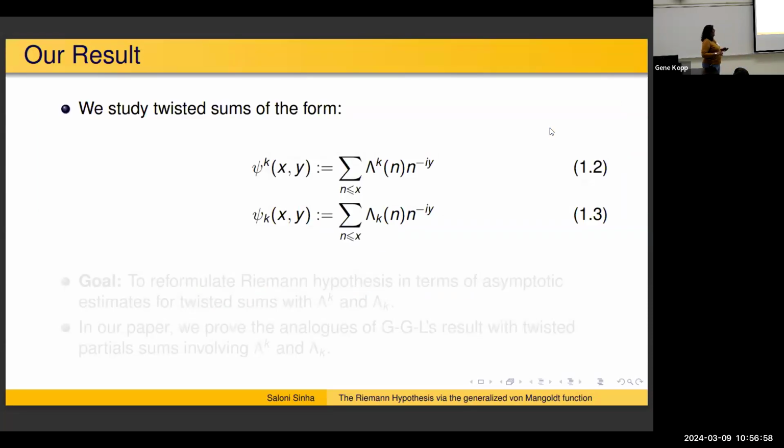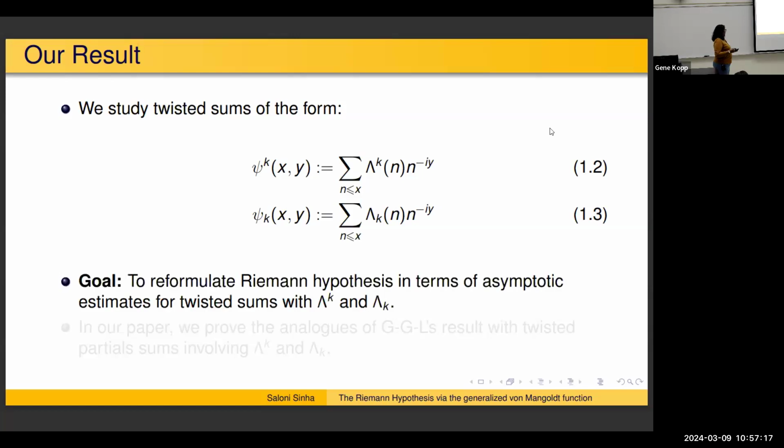Okay, so what we do in this paper is we study twisted sums corresponding to these two arithmetic functions. So you can see that it's kind of similar to the sums that were studied by Gonek, Graham, and Lee. We have the twist involved. And our goal is to reformulate the Riemann hypothesis in terms of asymptotic estimates for, again, these twisted sums.